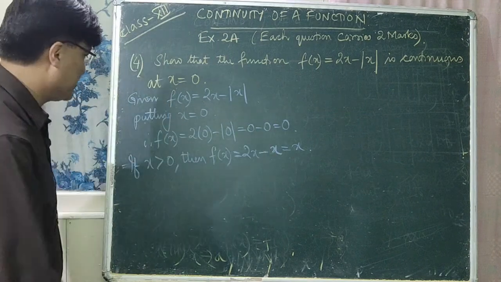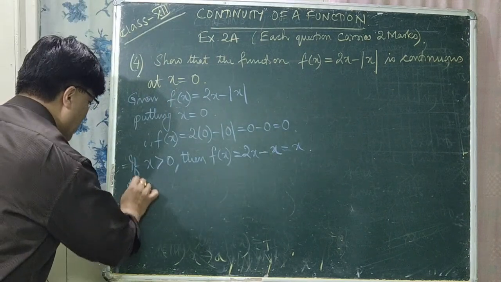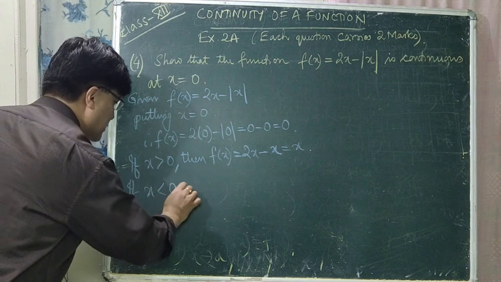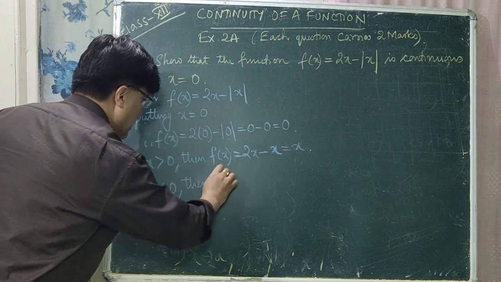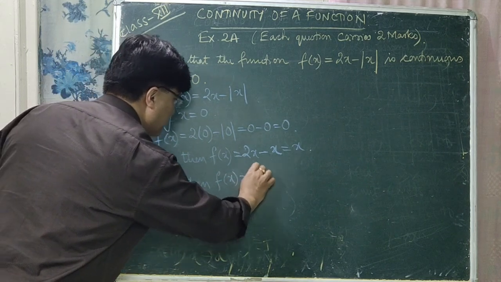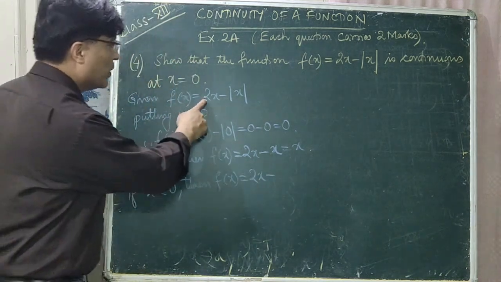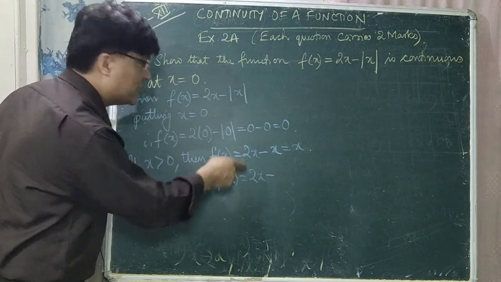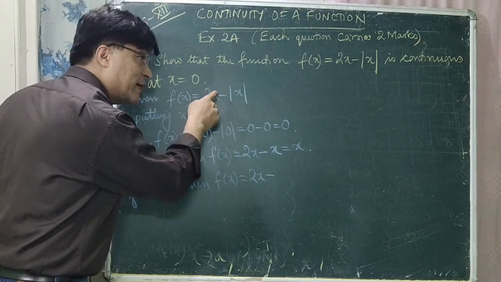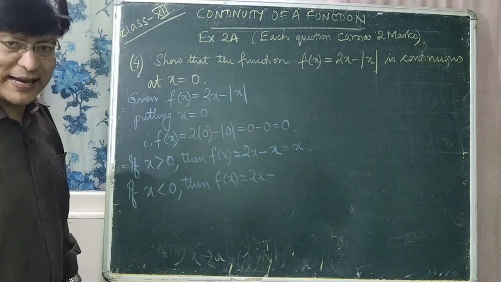It is x, right? Now if x is less than 0, then f of x is equal to 2x minus, because in the question it is given 2x minus. You have to write down this expression, that is 2x minus.